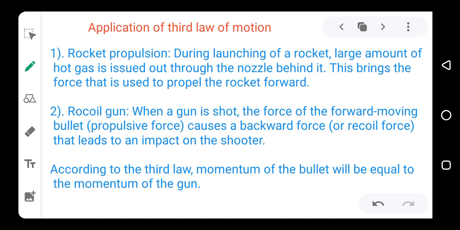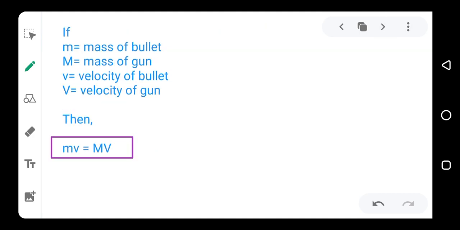There is a relationship between the propulsive force and the recoil force, which is determined by the momentum of the gun and the momentum of the bullet. And the relationship is that the momentum of the gun is equal to the momentum of the bullet.